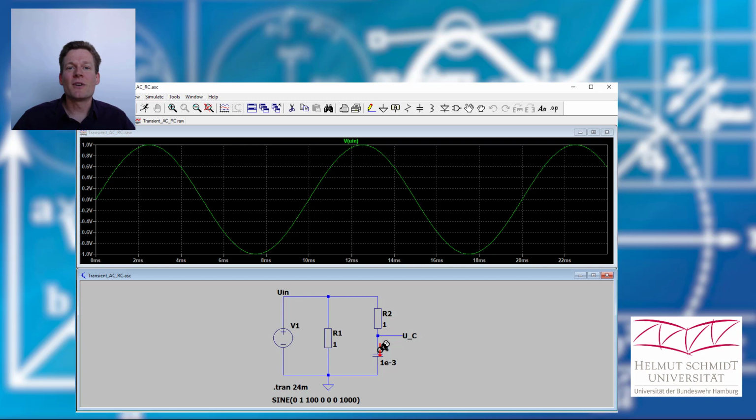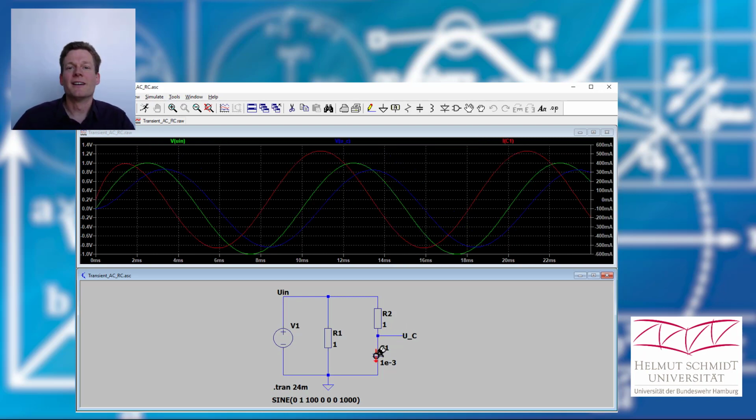Now I want to see what the voltage at the capacitor looks like. Here in blue you see the voltage at the capacitor. And now I want to see the current through the capacitor. Okay, it's the red curve.